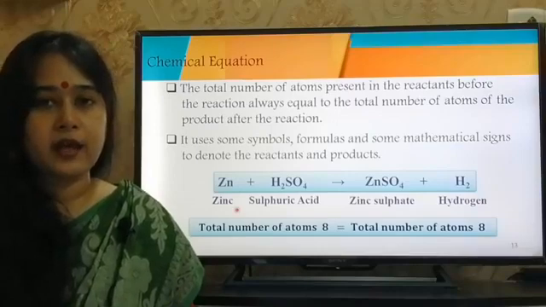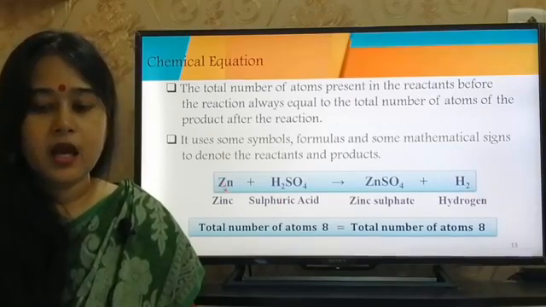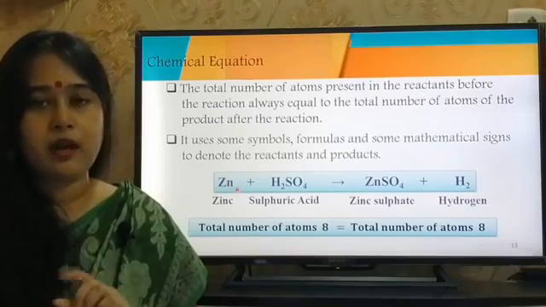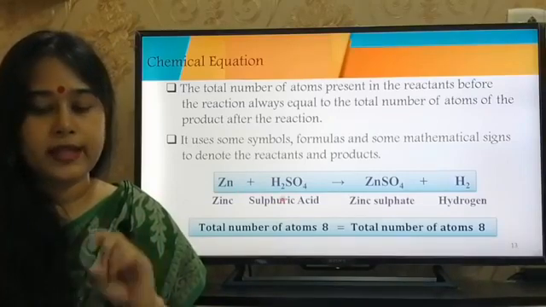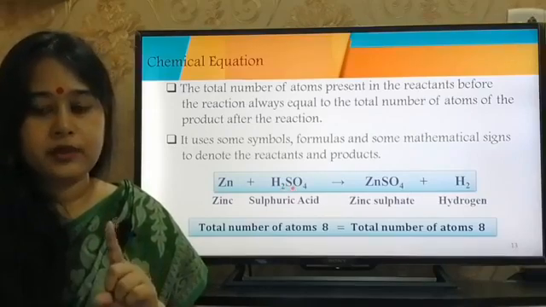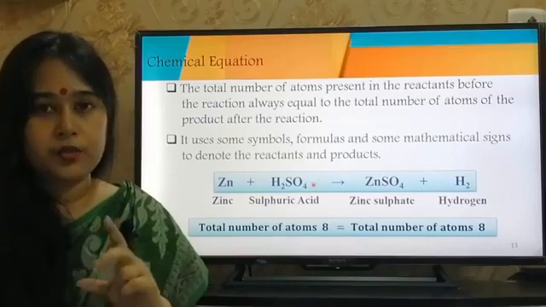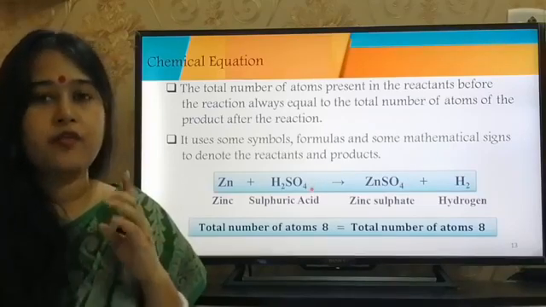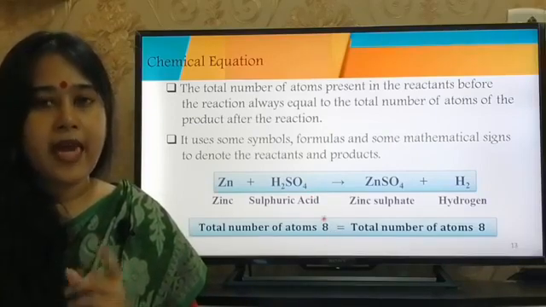If we add the total atoms on the reactant side, we will get here zinc, how many atoms of zinc here, 1. How many atoms of hydrogen here, 2, that is 1 plus 2, 3. Sulfur is 1, that is 4 total, and oxygen atoms are 4. That means the total atoms on the reactant side is 8 atoms.